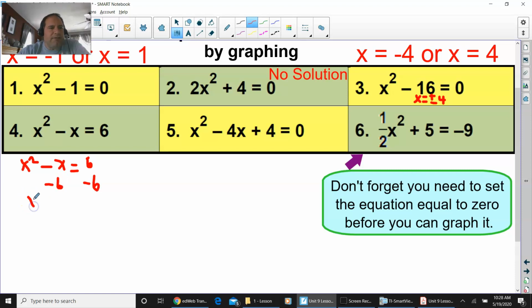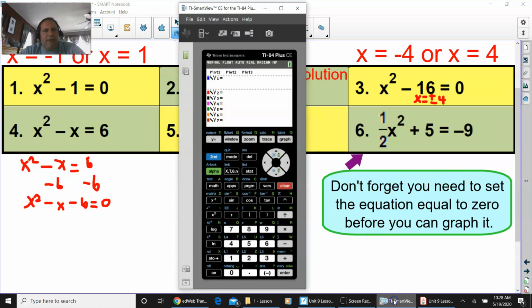Once you have that, you have x squared minus x minus 6, and that equals 0. So like we have over here for this one, don't forget you need to set the equation equal to 0 before you can graph it. Now you could go ahead and graph that, and you have x squared minus x minus 6, and you press graph.